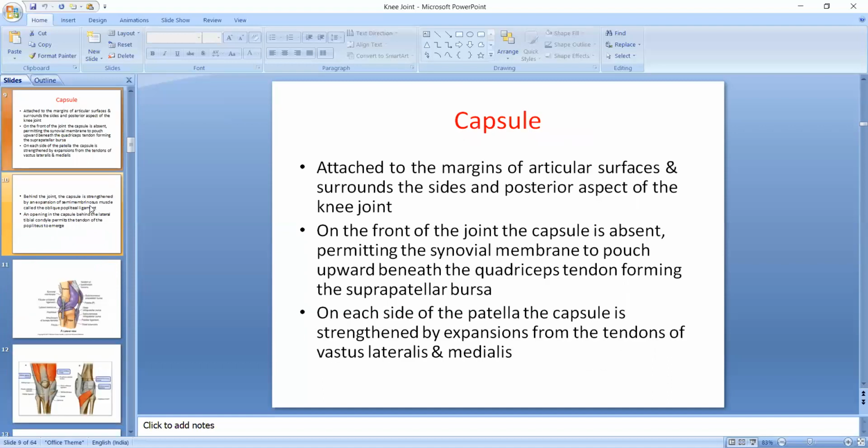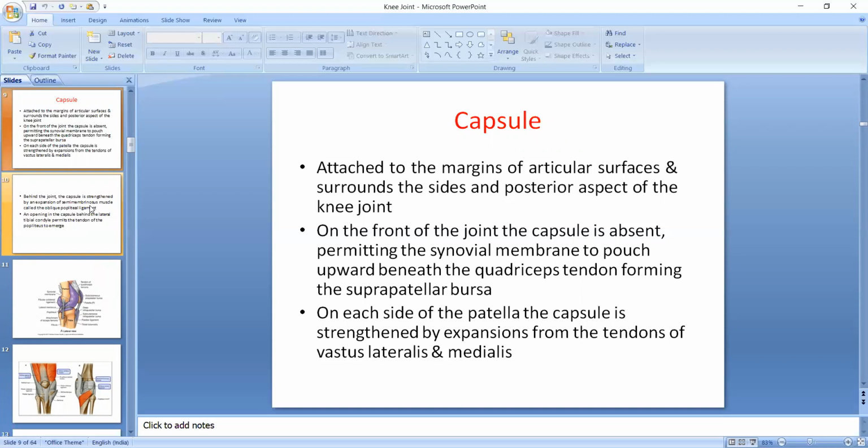Capsule is attached to the margins of the articular surface and surrounds the sides and posterior aspects of the knee joint. On the front of the joint, the capsule is absent, permitting the synovial membrane to pouch upwards beneath the quadriceps tendon, forming the suprapatellar bursa.